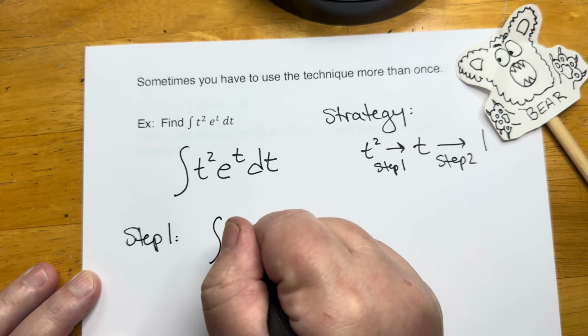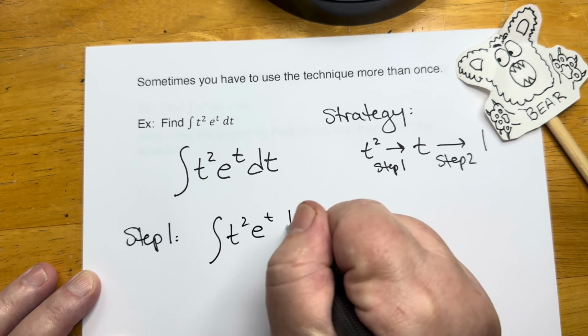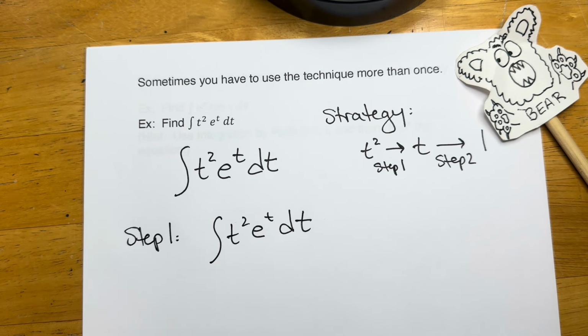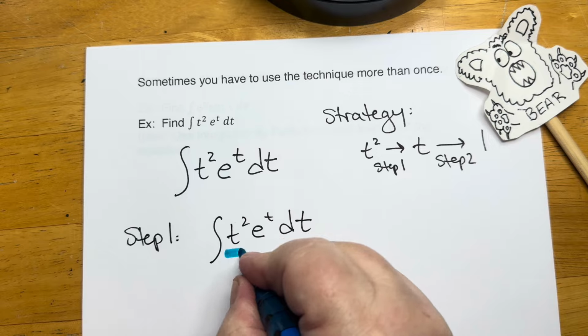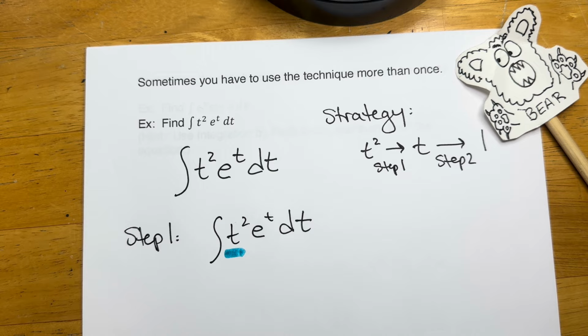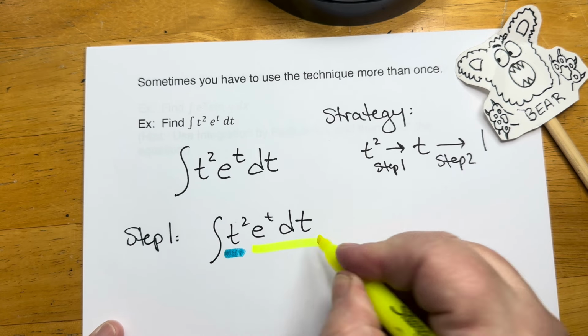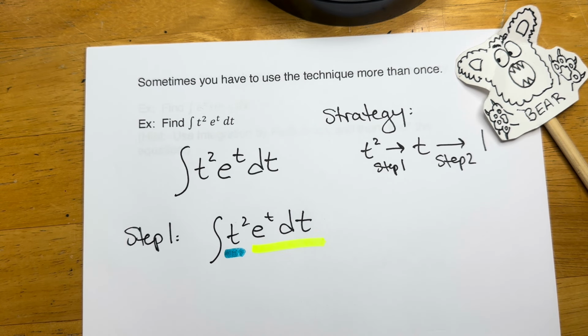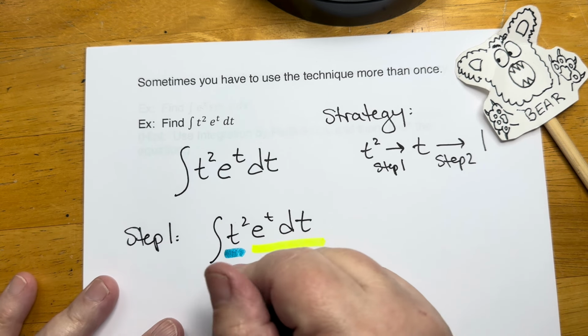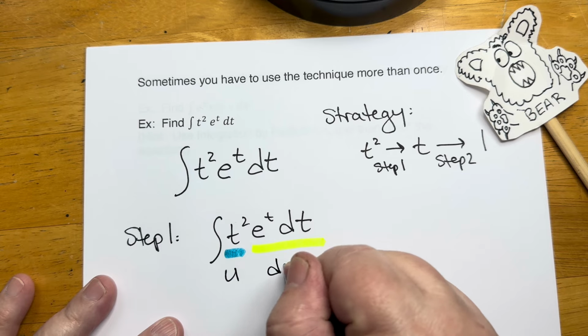I'm going t squared e to the t dt. Now notice that t squared will get better if I take the derivative. E to the t power, really, it's the poster child for things that do not change with calculus. You take the derivative, you take the integral, it's all the same. So this is going to be my u, this is going to be my dv.